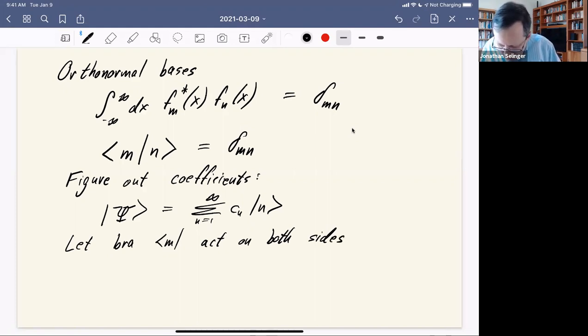On the left side, we have m acting on psi. That's an inner product.